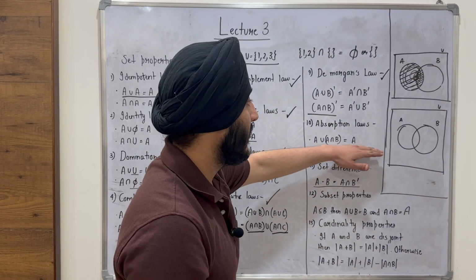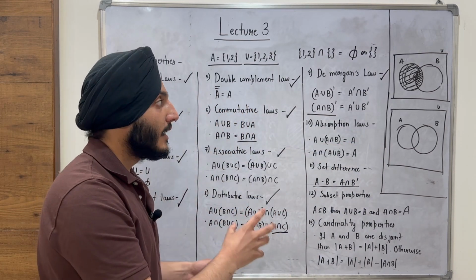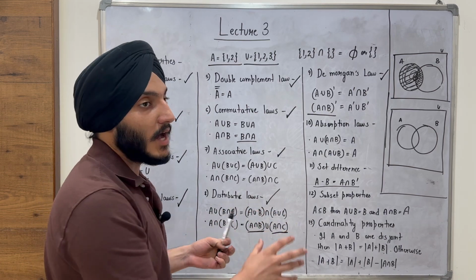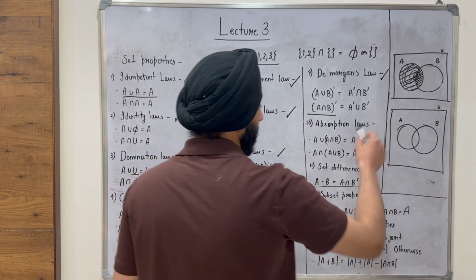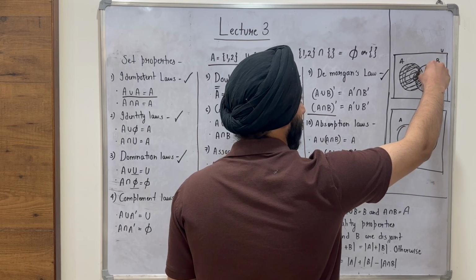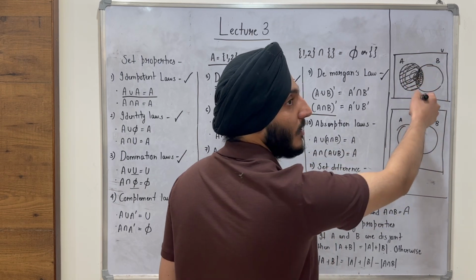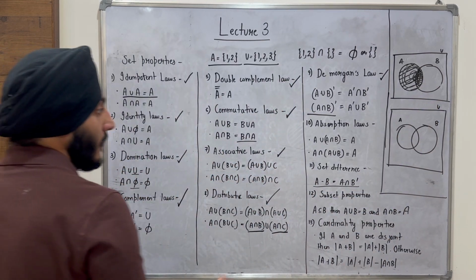Hence, it is exactly the same as A. So these are basically just properties that we already can figure out ourselves, but they have been given names and they have been kind of formalized in this case. So A union what is common between both the sets, basically results in this A set once again.